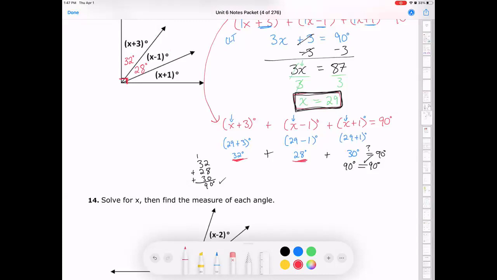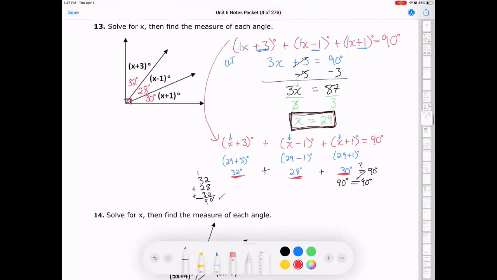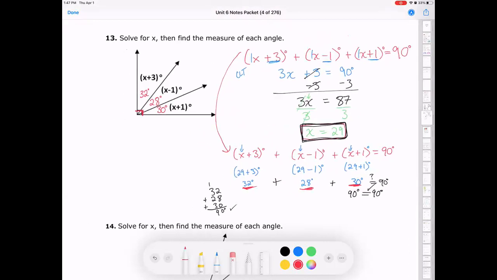And then for our x plus 1, we found that to be 30 degrees. So again, for our homework and quizzes and tests, that's what we're looking for, all of that work. Go ahead, feel free to pause the video if you have any questions at all.